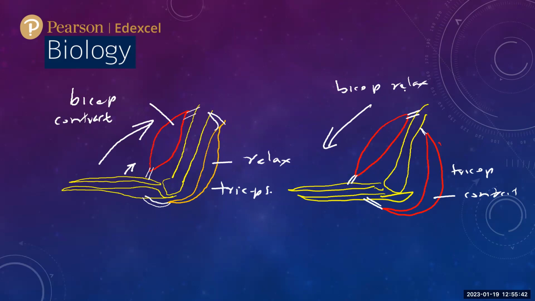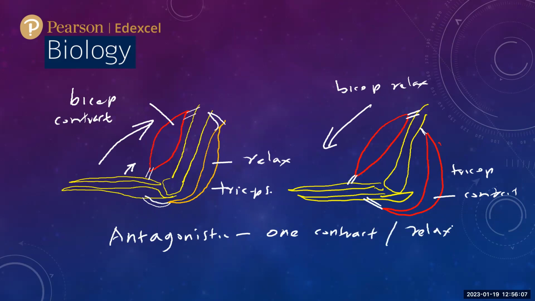So this kind of opposite effect, when they work, one is contracting, one is relaxing, is called antagonistic. Antagonistic is one contracts, the other relaxes. So muscles are working antagonistically. Okay, can you copy this one?